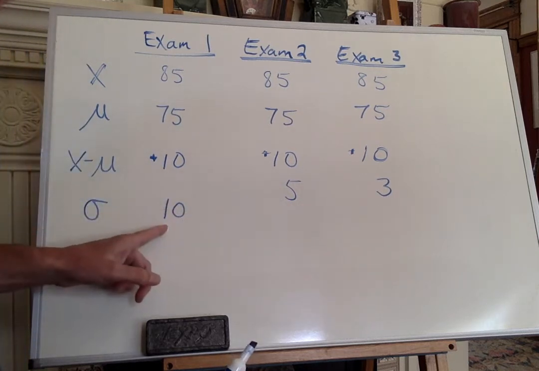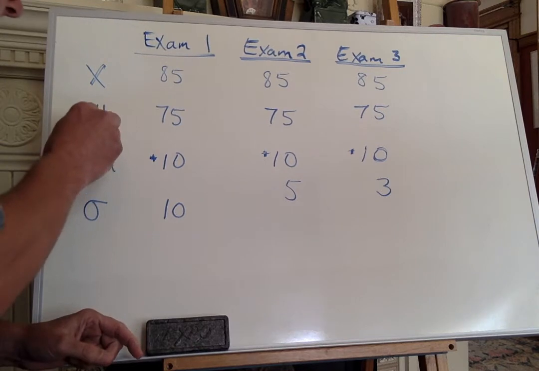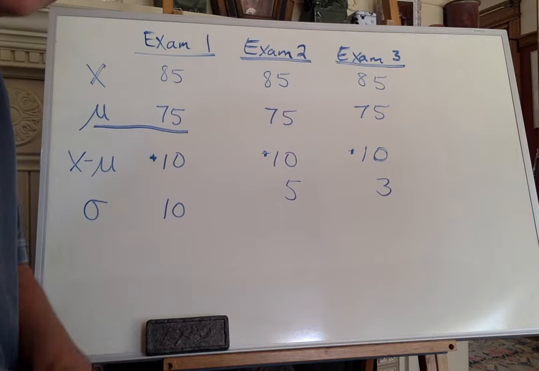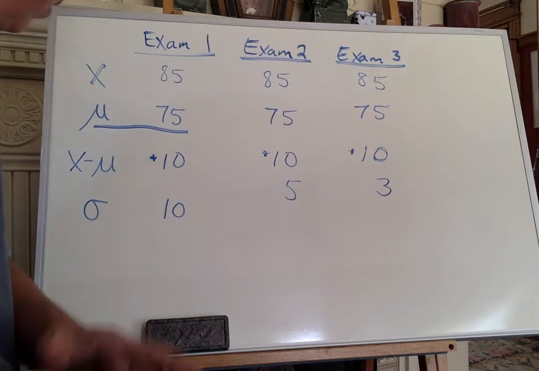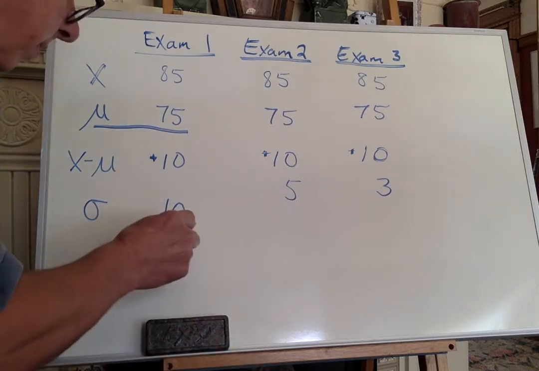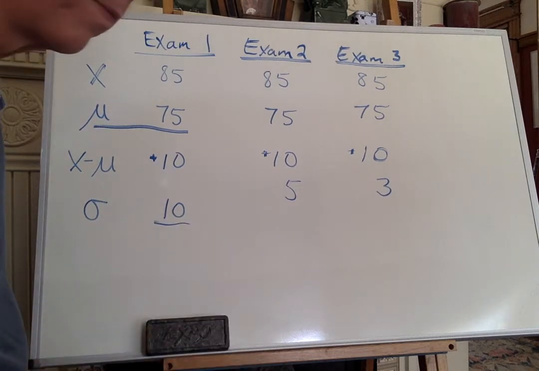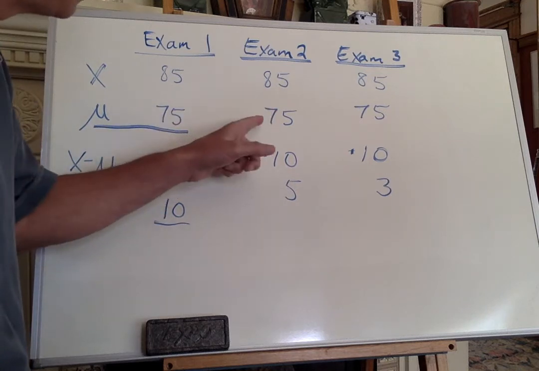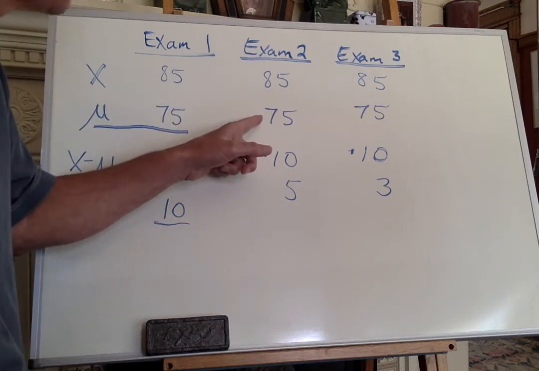So this means that the average for exam 1 was a 75, and then on average, people deviated by about 10 points. That's the standard deviation, okay? For exam 2, on average, people scored 75, right?